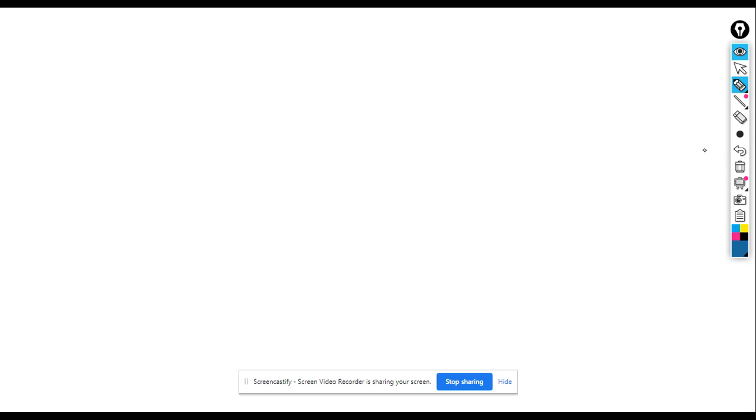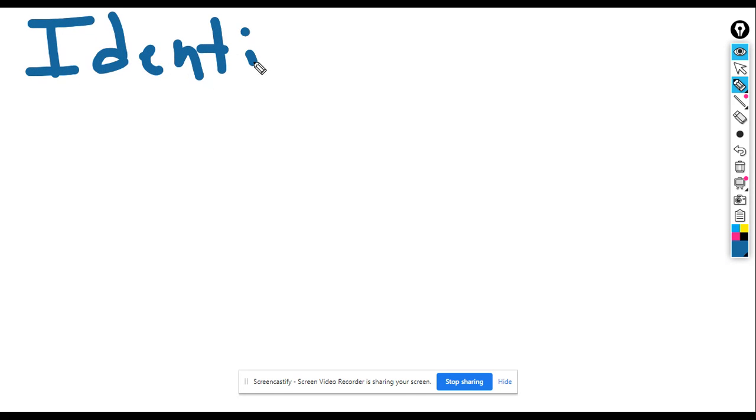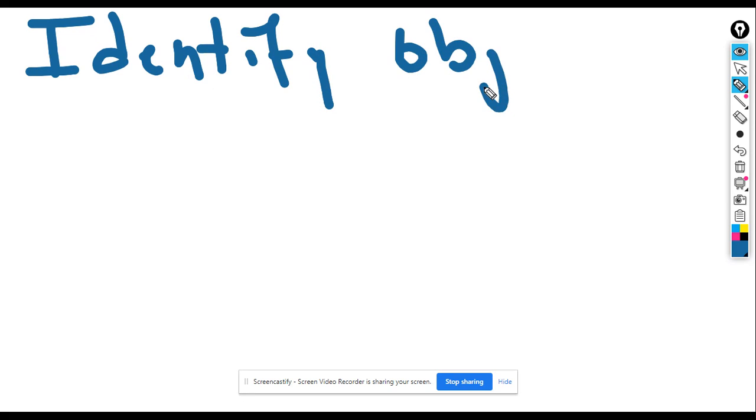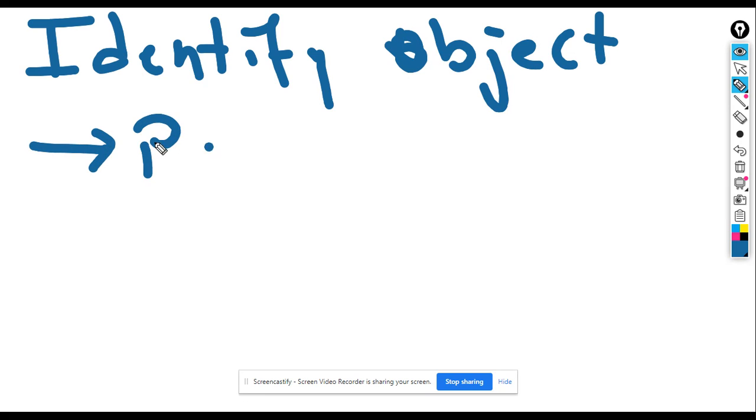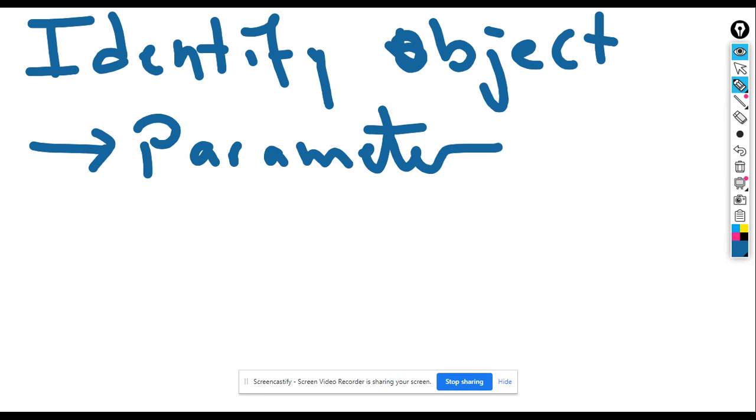So for identify the object, we called it parameter. So what is a parameter?